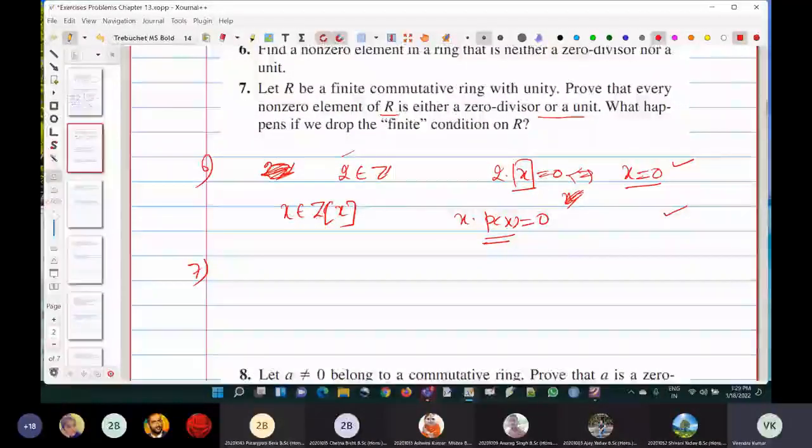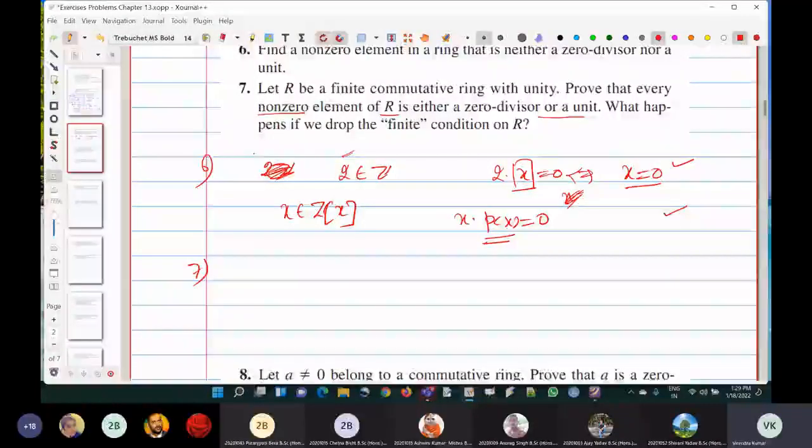For example, 2 is an element which is neither a unit nor a zero divisor. But in the case of a finite commutative ring, the elements are either zero divisors or units. And moreover, they are talking about non-zero elements.